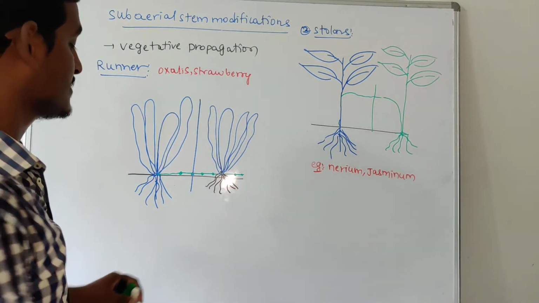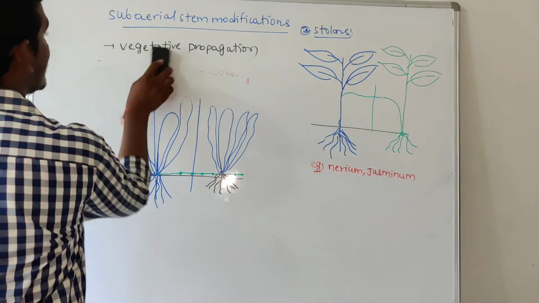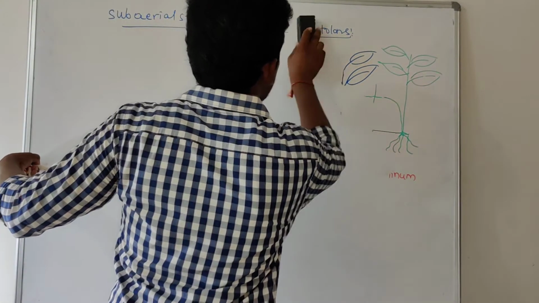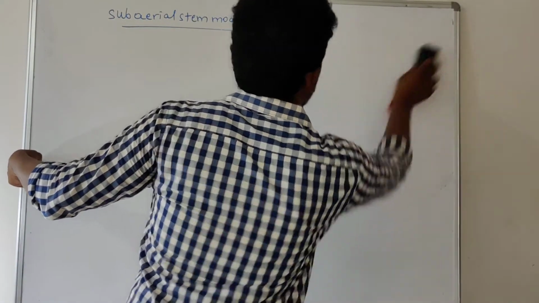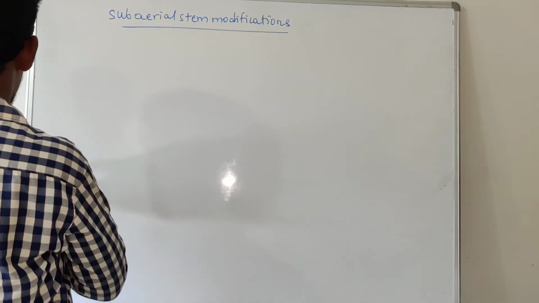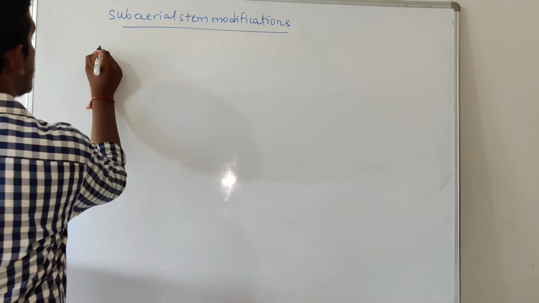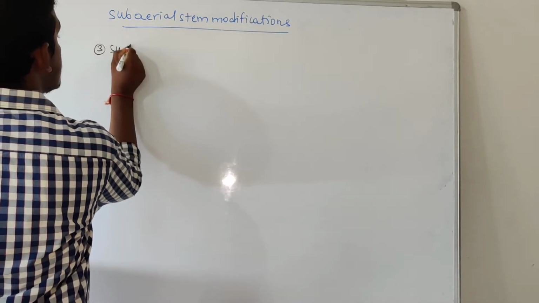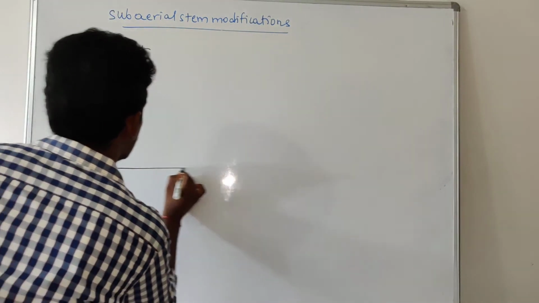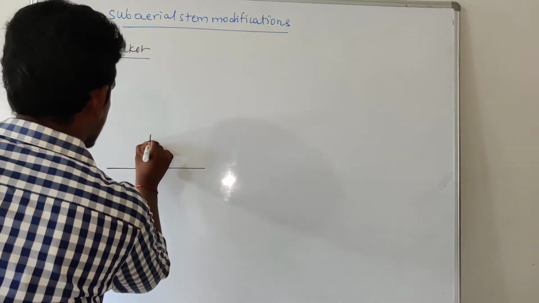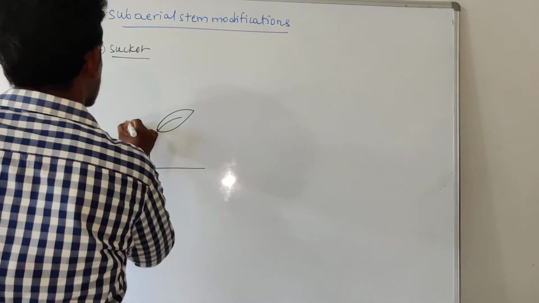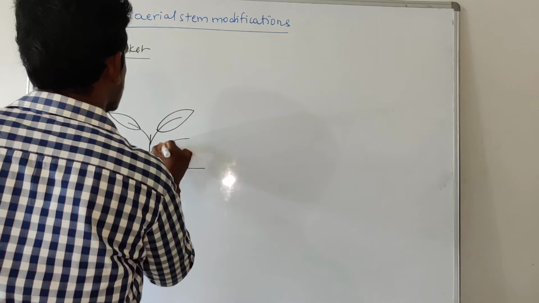Next we will discuss the sucker. In a sucker, the stem is at the surface of the soil, and above it develops the shoot system.